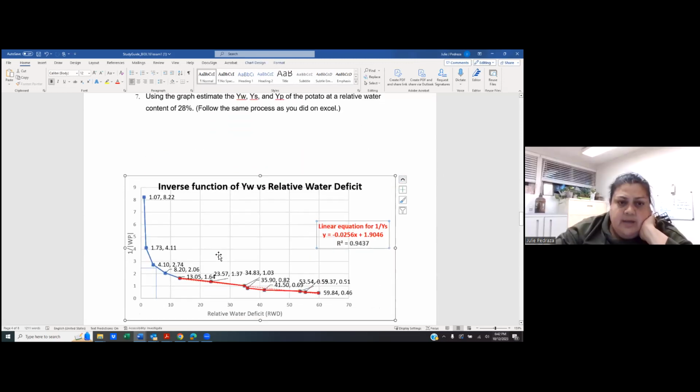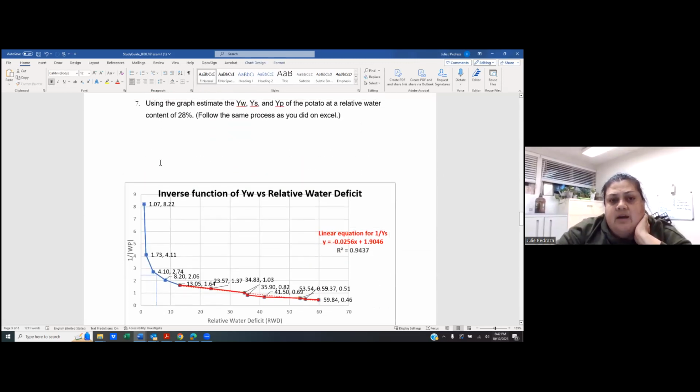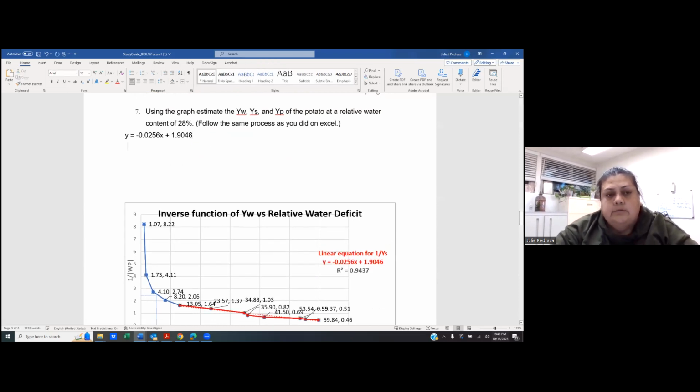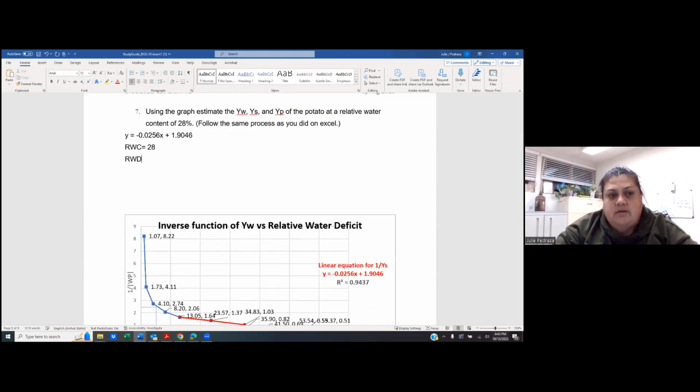All right. Okay, so now it says, using the graph, the same thing, but if relative water content is 28%. So we know this is a linear equation we're going to follow. Relative water content is 28, which means relative water deficit is, which equals, yep, thank you.